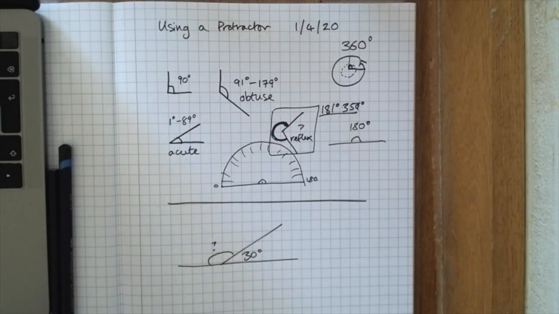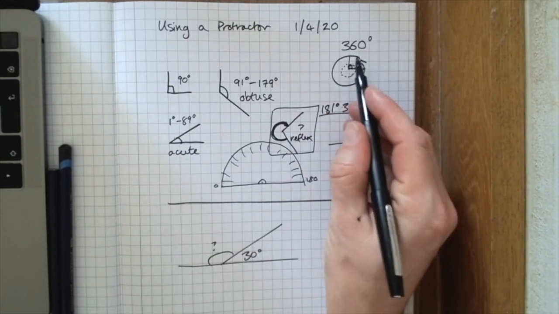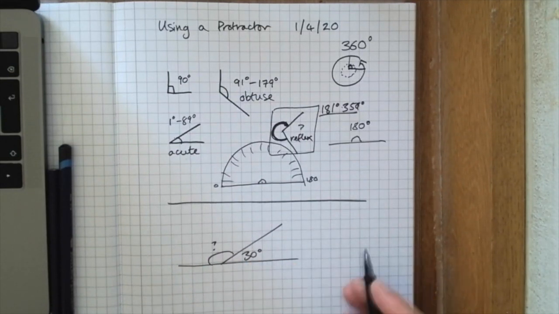The final teaching point I want to make is about missing angles. Because we know that a straight line is always 180 degrees and all the way around in a circle it's always 360 degrees, then if we're given one angle, we can work out what the other angle is if we don't know it by using subtraction from something that we do know. So we know that a straight line is 180 degrees.